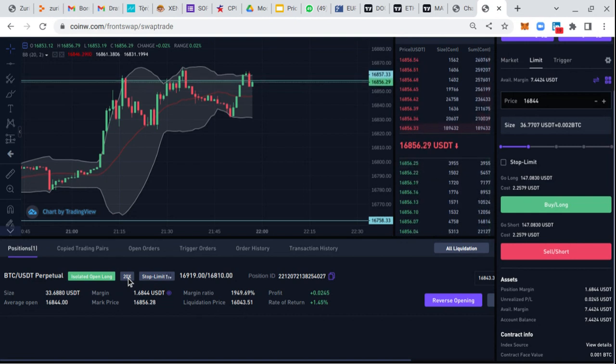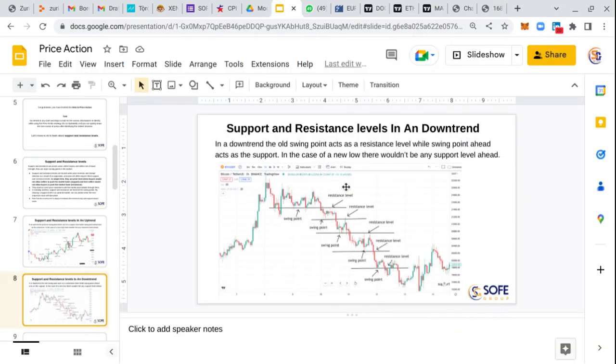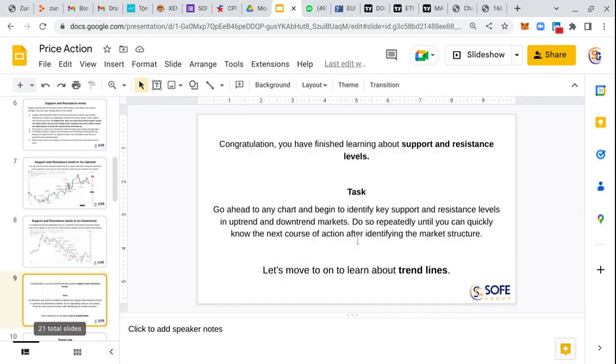So once this thing is around 5%, I will just adjust my take profit and stop loss, especially when I'm watching it closely. I just have to make sure that even if the market starts reversing, I will still be in profit. So this is that for the resistance level in a downtrend.